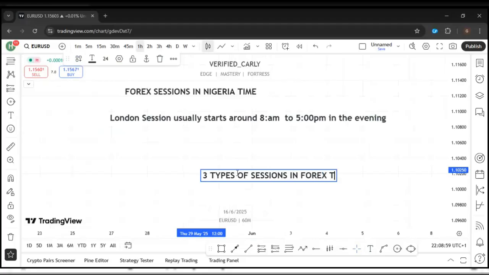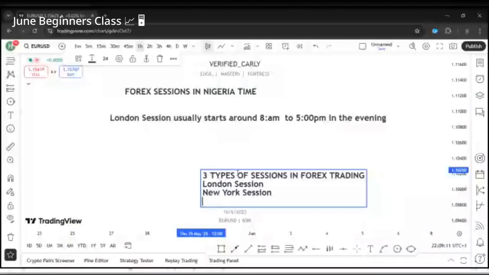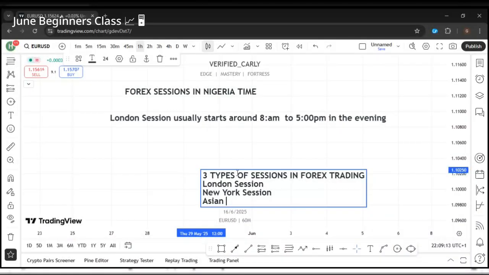That is, we have the London session, we have the New York session, and we have the Asian session. For those of you that are saying Tokyo, the Asian session is also known as the Tokyo session.